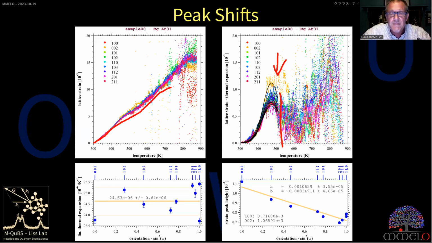We can fit, for example, a Gaussian. I just tried fitting a Gaussian there, looked at the amplitude of the Gaussian, and plotted it as a function of sine squared psi, so as a function of the orientation angle of the lattice plane with respect to the high symmetry z-axis. And I see it is not isotropic.